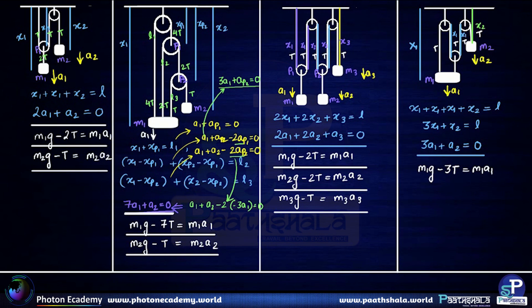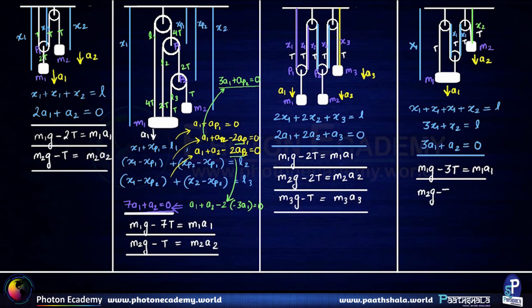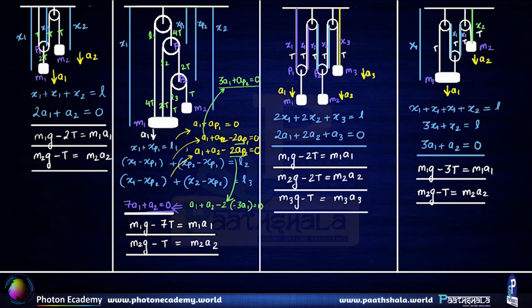So this is the equation for the mass m1. And for the mass m2, we can write m2g minus T is equal to m2 a2. So this is for the mass m2. So these are the three equations which will help us solve this particular case using constrained motion and Newtonian force dynamical equations as well.